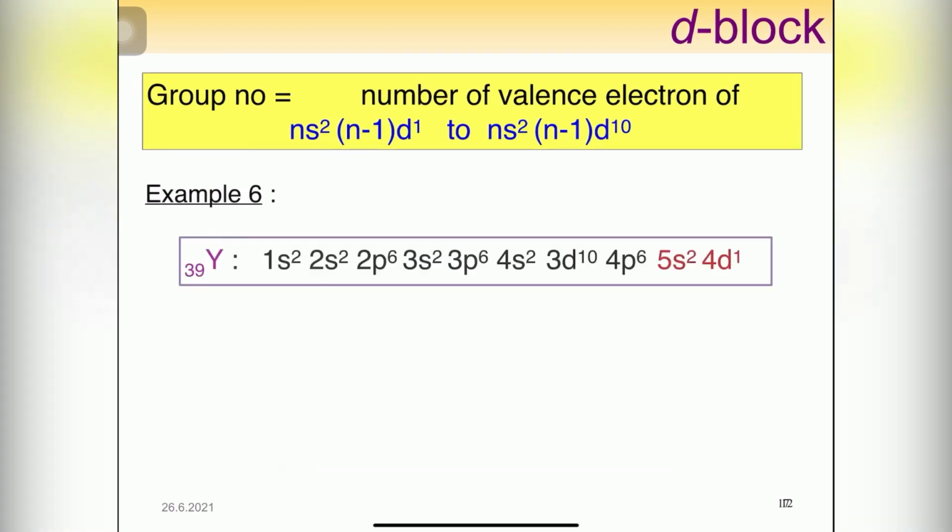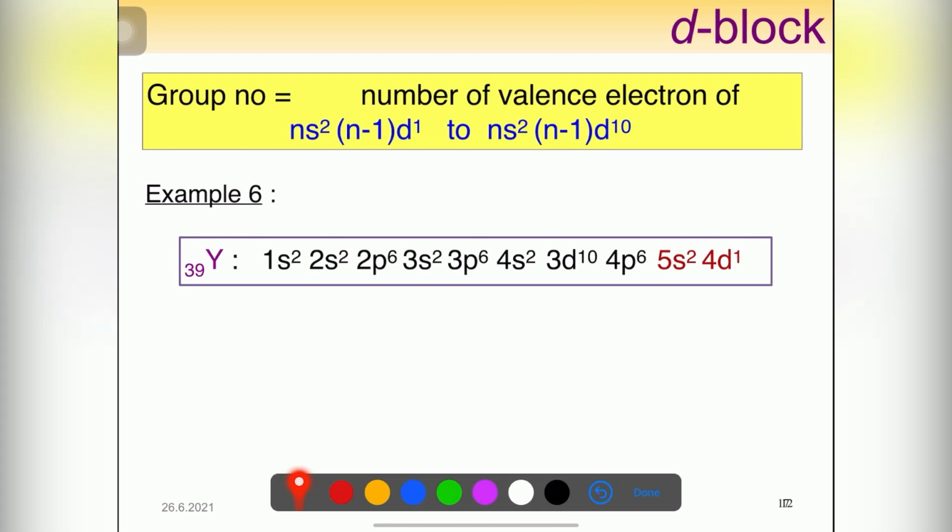Let's see another example, Y, with proton number 39. This is the electronic configuration for Y. You see that the highest n is 5, so for the d orbital, 5 minus 1 is 4. The valence electronic configuration is 5s2 4d1.